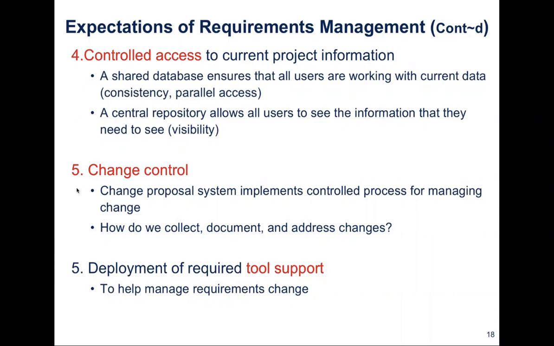That means we need to provide a control process for managing the change, in which we need to know how we collect, document, and address such changes. Finally, you need to deploy a requirement tool that helps in supporting the changes and the response to the changes. This tool is really helpful to manage the requirement change.